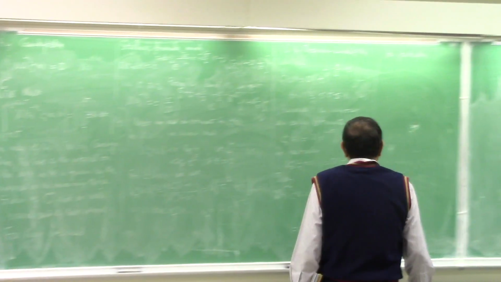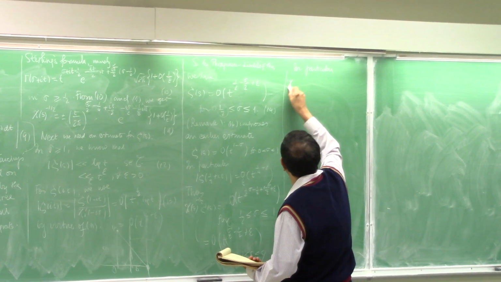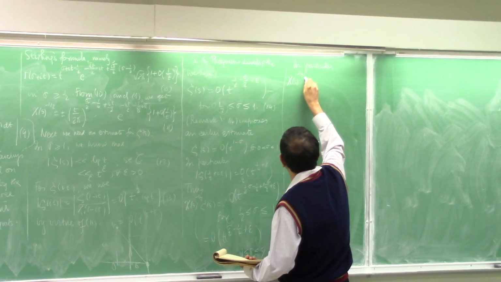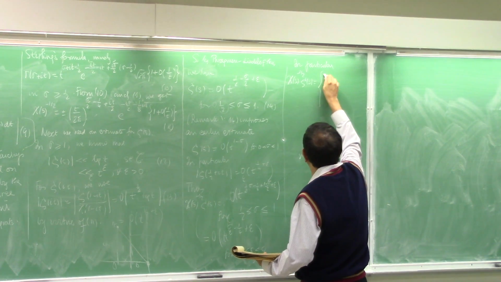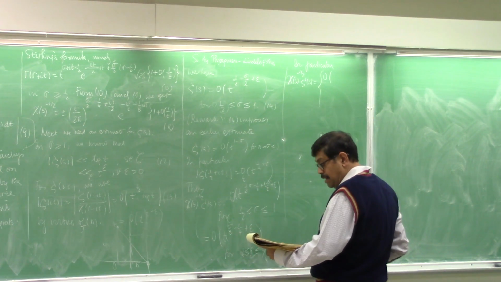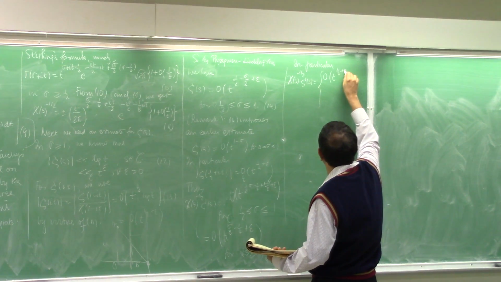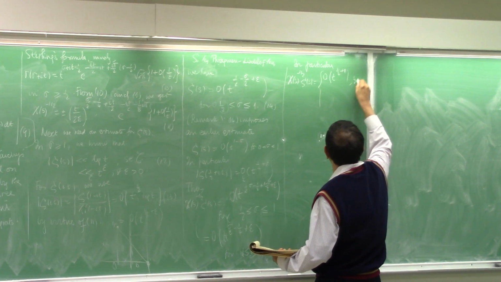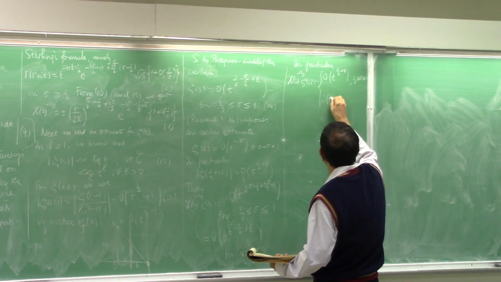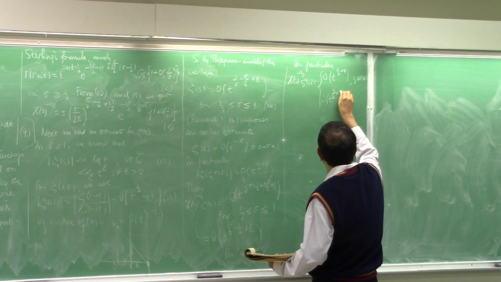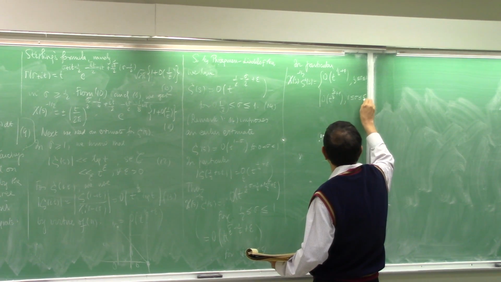Okay, so in particular, chi to the s minus half times zeta s is equal to capital O of t to the 1/4 plus epsilon in half less than or equal to sigma less than or equal to 1, and capital O of t to the 3/8 plus epsilon in 1 less than or equal to sigma less than or equal to 5/4.